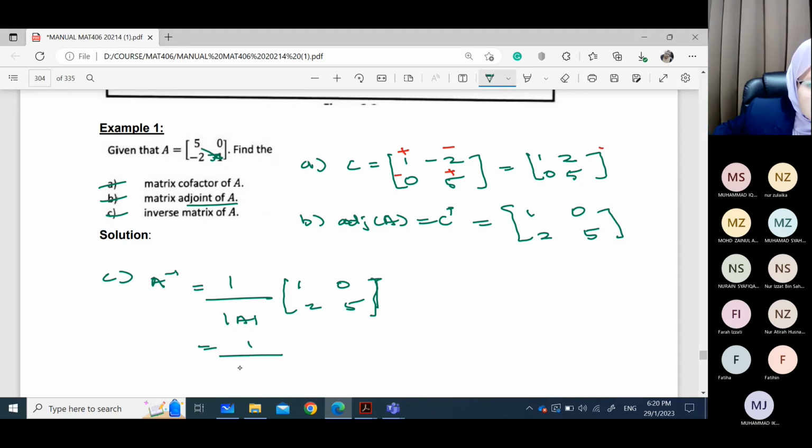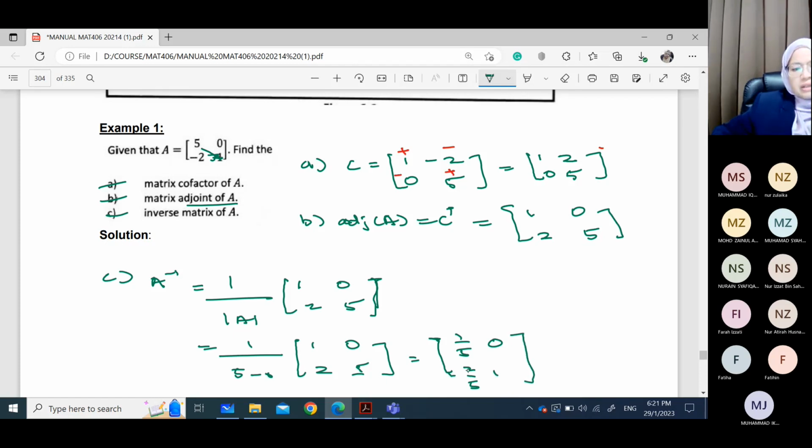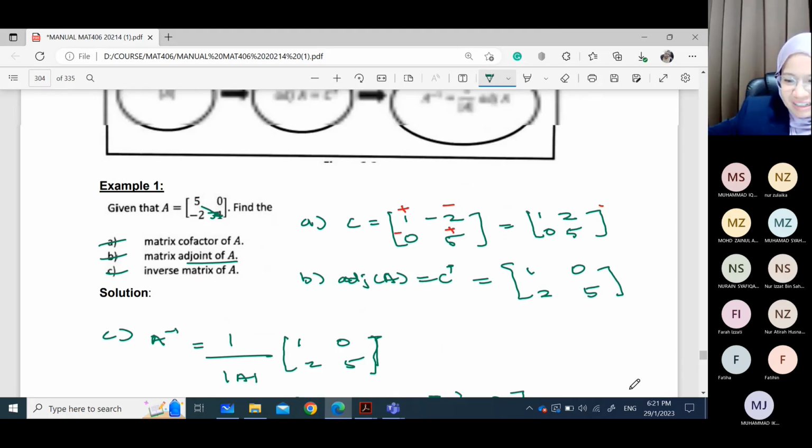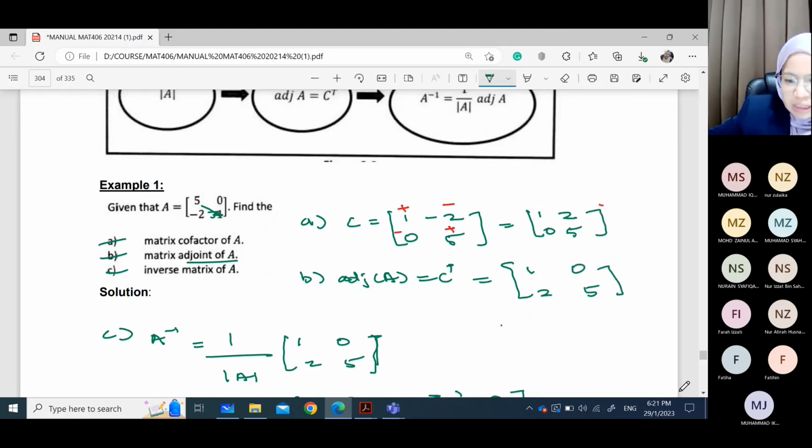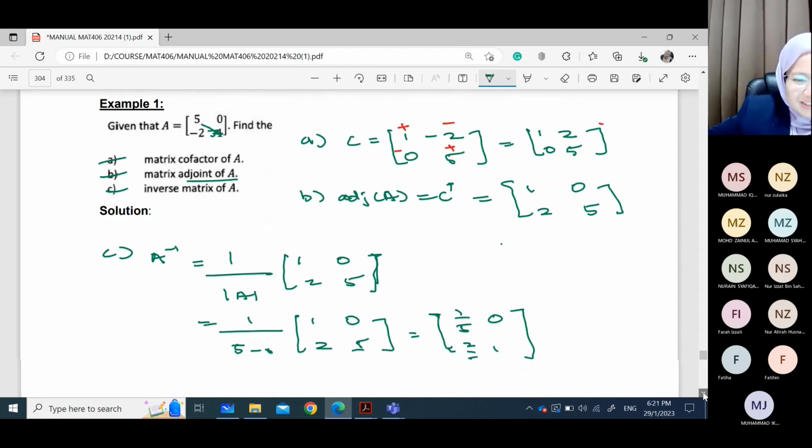So we have 5 minus BC. So 0 times negative 2 we have 0, minus 0. So multiply with this matrix 1, 0, 2, 5. So the answer here is 1 over 5 times 1 we have 1 over 5. 0 times 1 over 5 we have 0. So 2 over 5 and 1. Okay, so this one is A inverse. Okay, boleh? Boleh. Okay, so ini 2 by 2 matrix.